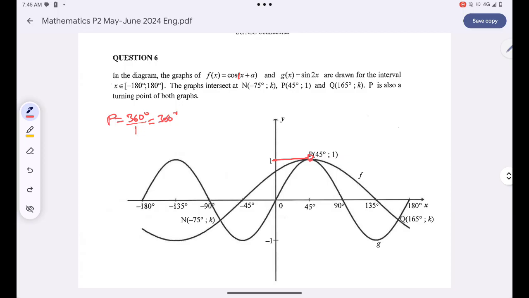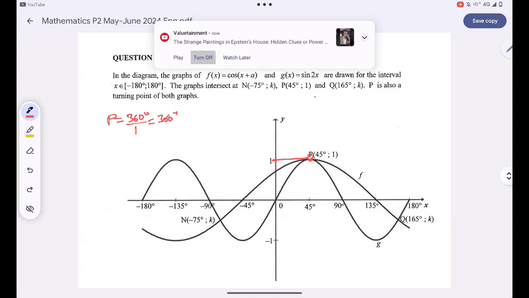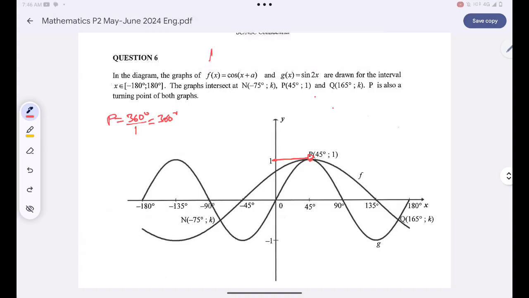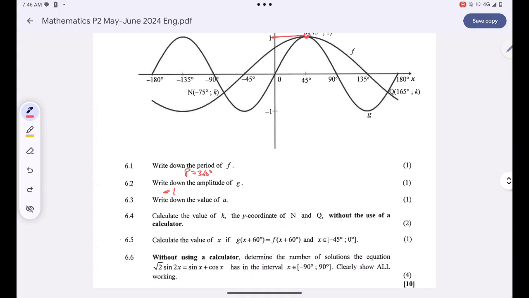Therefore the equation for f of x is cos of (x minus 45). Are you together? That simply means the value of a is negative 45.